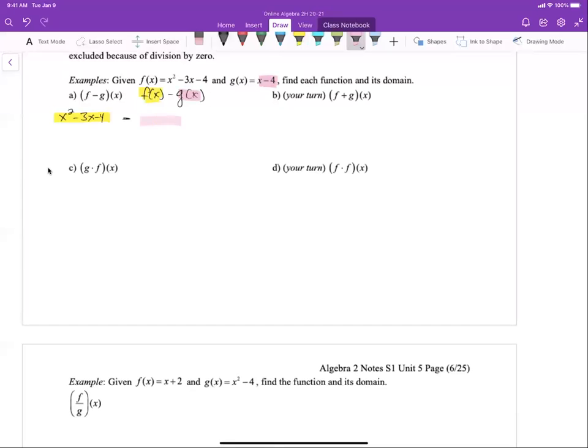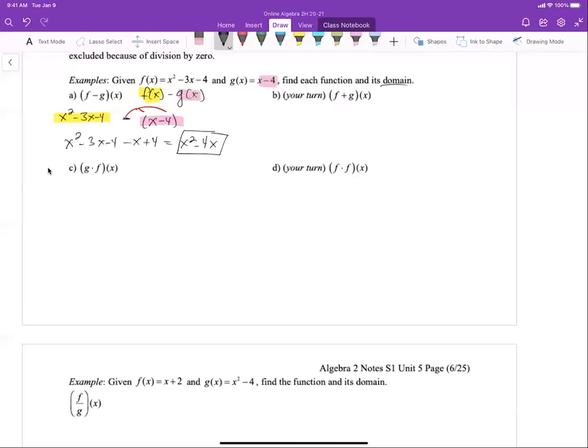Now we are going to subtract the entire function g(x), so make sure you pay attention to your parentheses in that case. So now I'm going to distribute that negative: x² − 3x − 4 − x + 4, and then I will combine like terms, and I will get x² − 4x. And there is my answer.